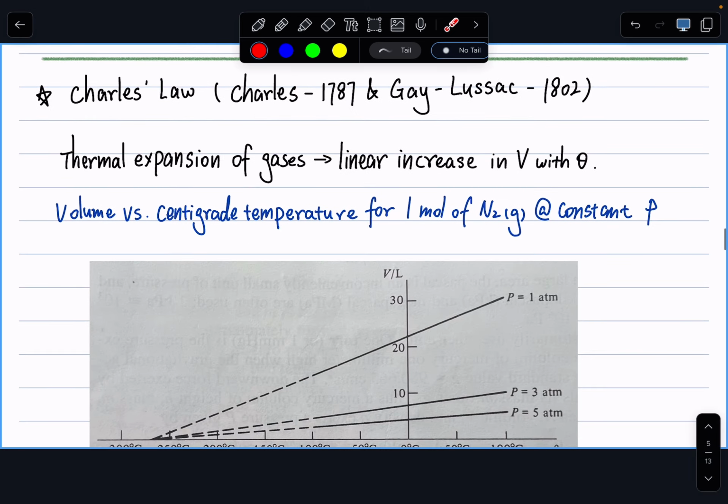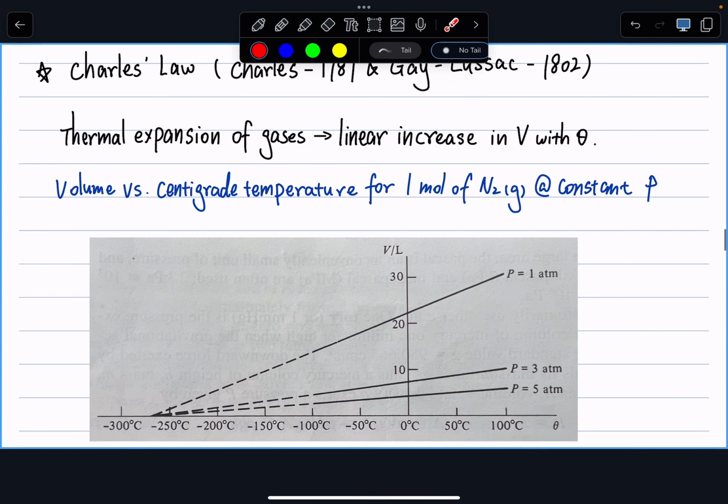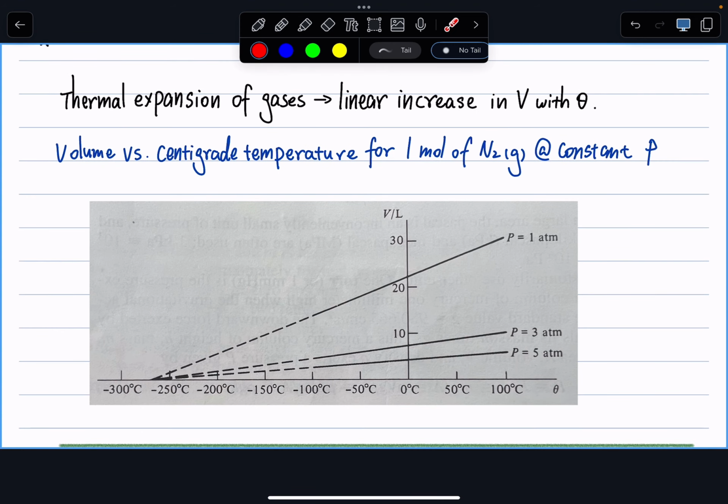Next one, we have Charles' law. Again, this one is an experimental law, and what they did is study thermal expansion of gases. So what do we mean by thermal expansion? In this case, the y-axis is the volume of the gas we care about, and on the x-axis, theta is the thermometer temperature.